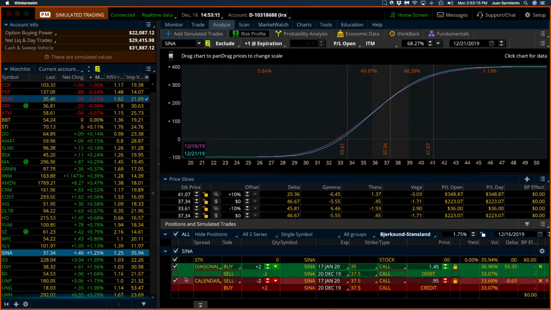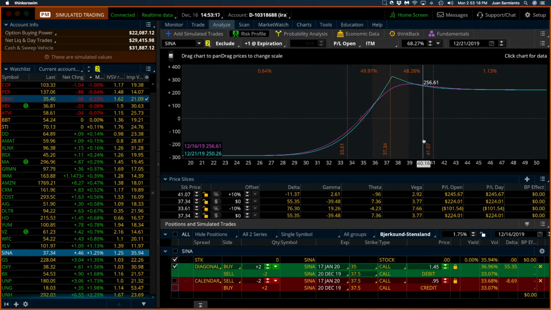And what I have is this, a diagonal. Diagonals are curious little things because the short expires this week and the long in January. Okay, so what could we do? We could actually do a rollover, buy back the December and sell the January, the short.